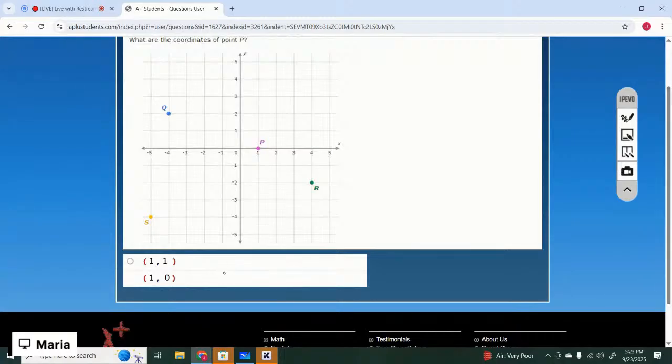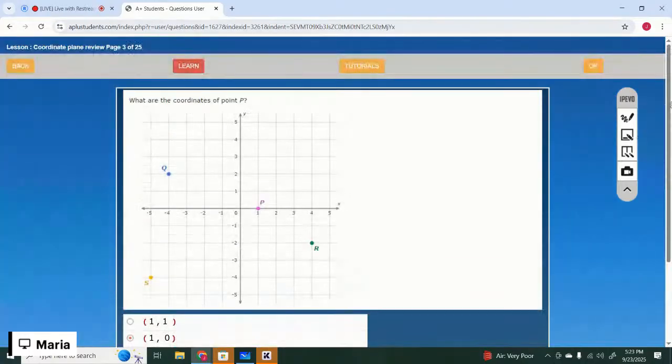So that is x is 1, y is 0. Option number 2 is the correct option.